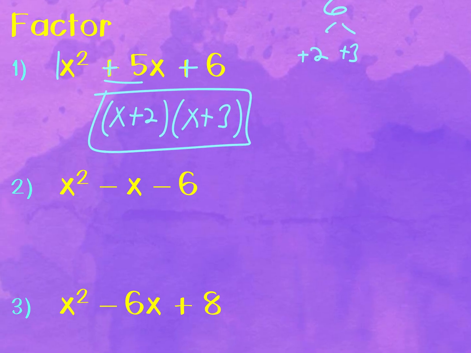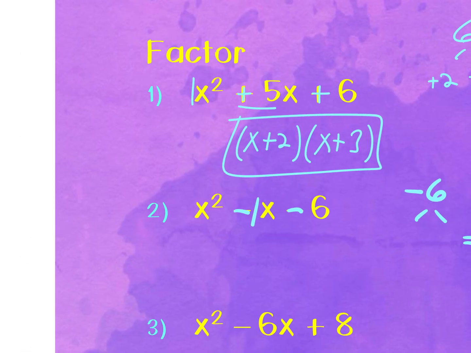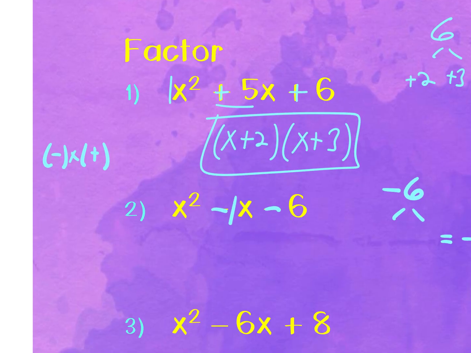We can do the exact same thing with number 2. We're looking for factors of the last term, which in this case is negative 6, that add up to what number? Negative 1, right? We treat that as a negative 1. The only difference here is that how can we get a negative from multiplying? I can do a negative times what? Negative times a positive. So you're looking for 1 negative, 1 positive.